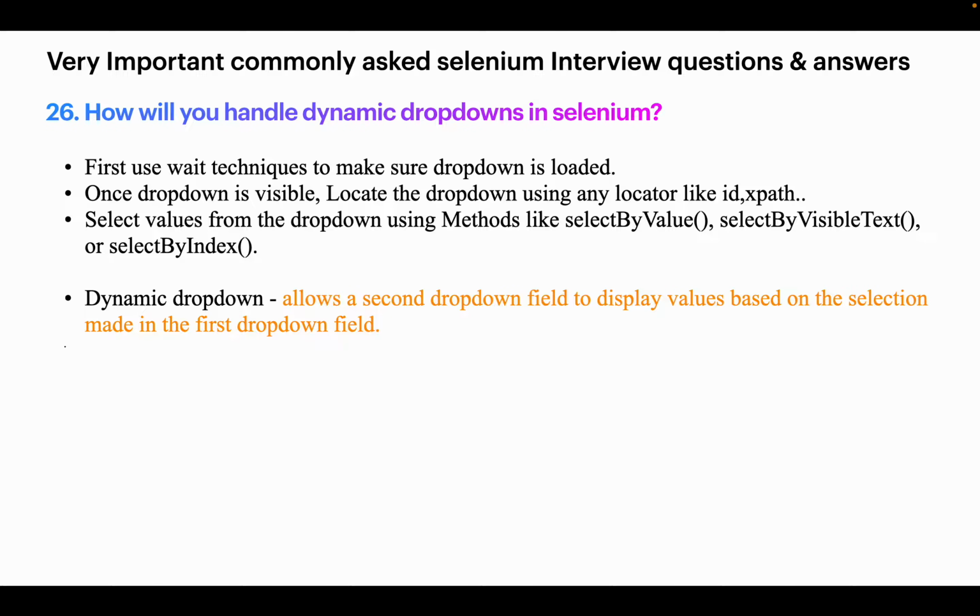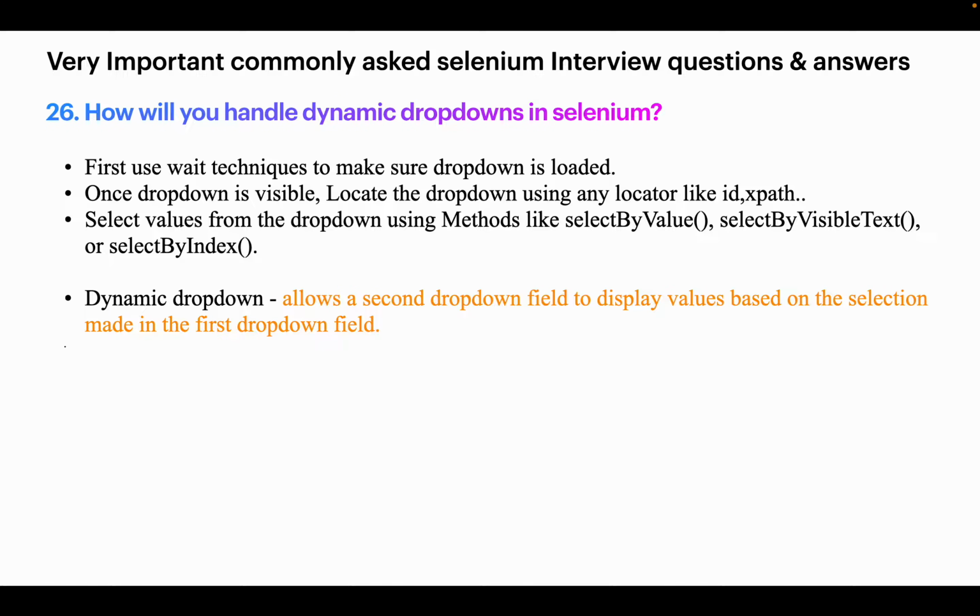Okay, so next question is, how will you handle dynamic dropdowns in Selenium? There are different types of dropdowns. A simple dropdown, you just click on the dropdown and validate all the values. Dynamic dropdown means consider you are clicking the first value in the dropdown, and based on the first click the second option will be displayed. That kind of dropdown is called a dynamic dropdown.